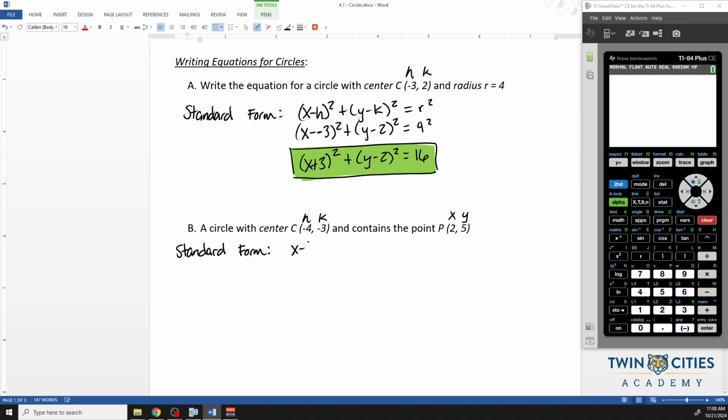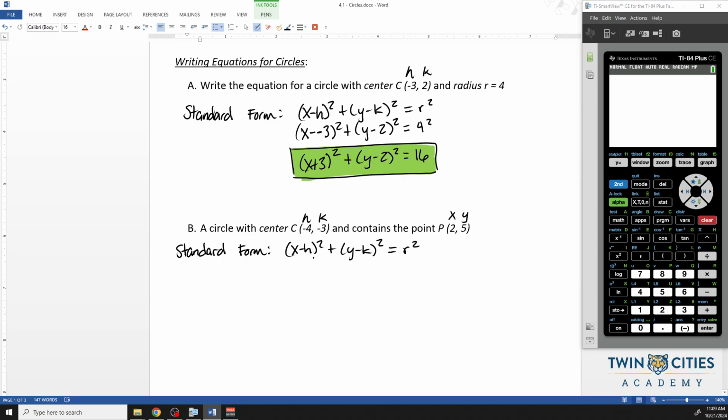That is (x minus h) squared plus (y minus k) squared. This is equal to r squared. Now I know h and k. That's the center, negative 4 and negative 3. And for this one point, I can plug in 2 for x and 5 for y. So it will end up looking like this.